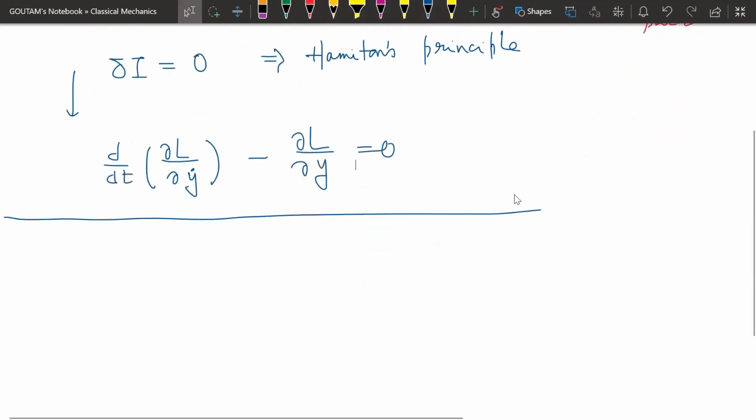So using this idea, in the last class we did two problems. One is finding the smallest distance between 2 points, and another is the minimum surface of revolution.